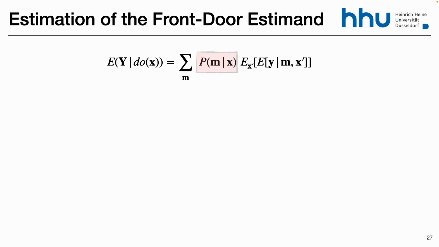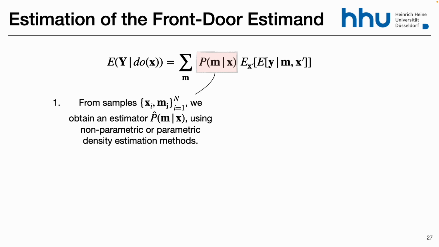So first I need a way to estimate this, and this can be hard, but that's the hardest part. We can use a density estimator here. We have samples for x and for m, so we just need a way to sample m's from a given x.